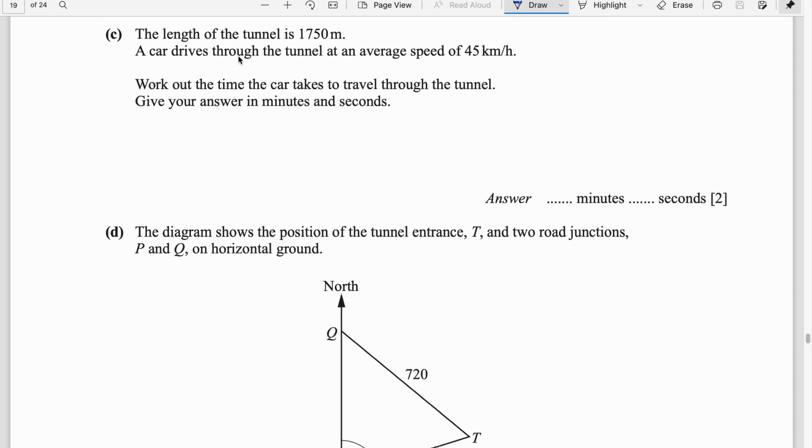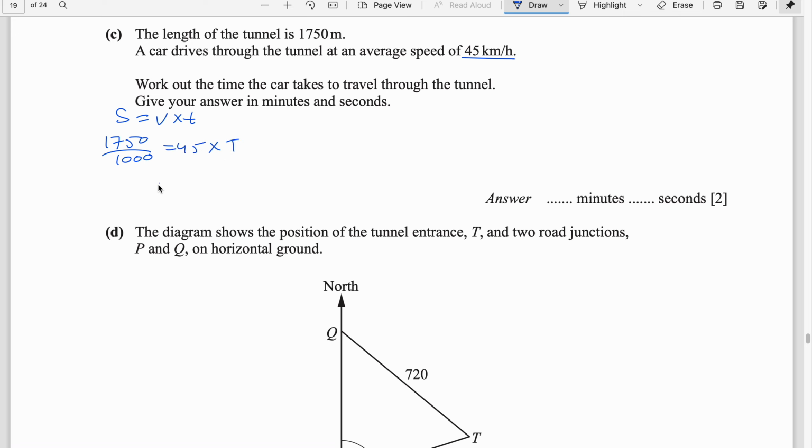C part. The length of the tunnel is 1750 meters. A car drives through the tunnel at an average speed of 45 kilometers per hour. Work out the time the car takes to travel through the tunnel. So distance is equal to velocity times time. Distance is 1750, converting it into kilometers. The speed is 45 kilometers per hour.